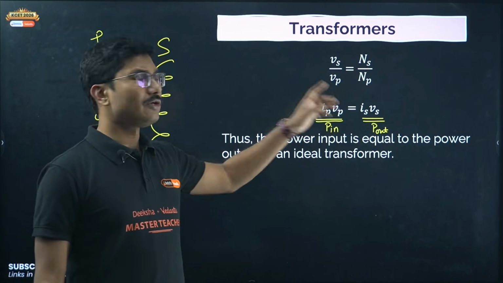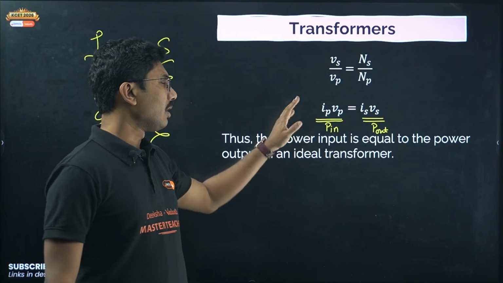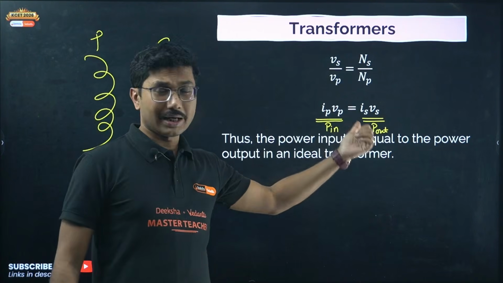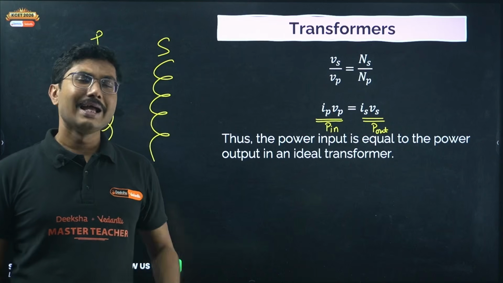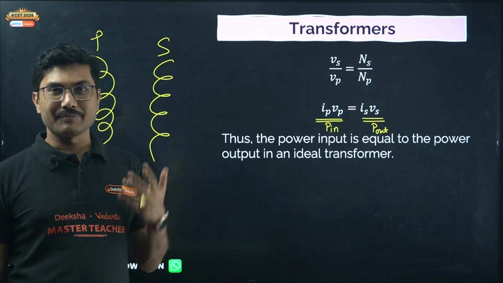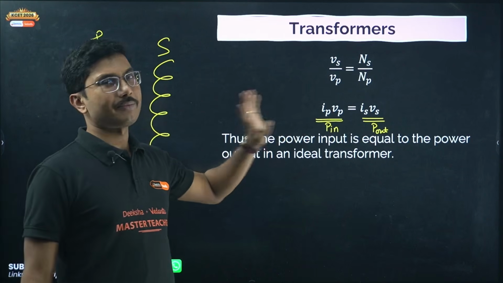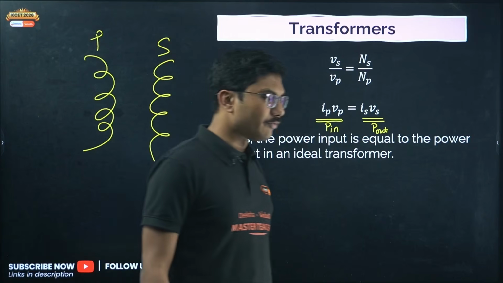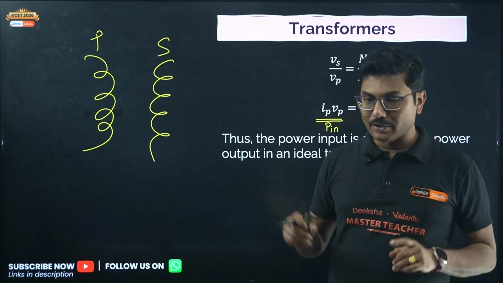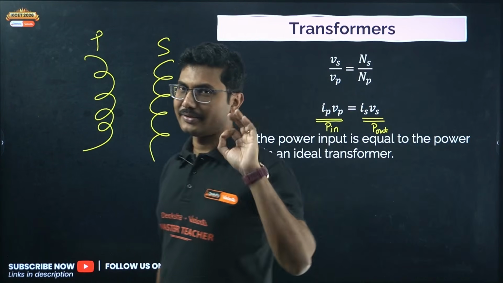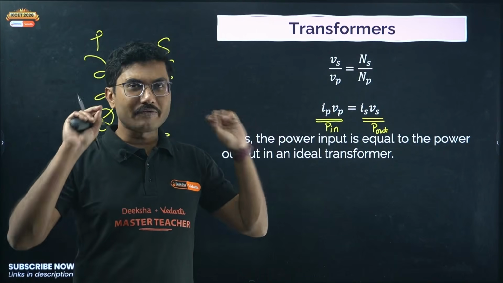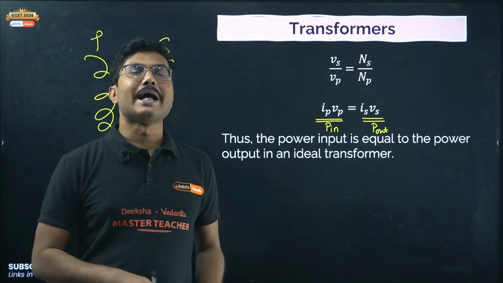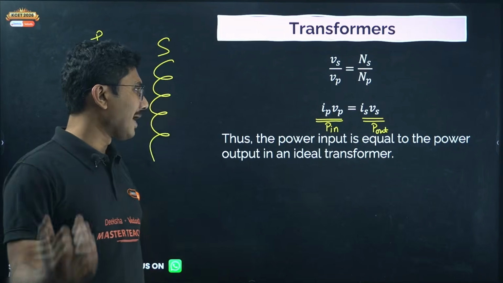Current into voltage gives you the power input, and current into voltage gives you the power output as well. Now generally when we are talking about I and V, it means we are talking about RMS voltages. So if I say 220 volt, that means it is the RMS value. The peak value is more than that, 311 volt. So in case of transformers, whatever value we say represents the RMS value.